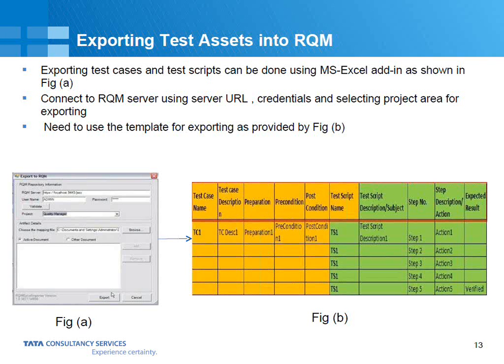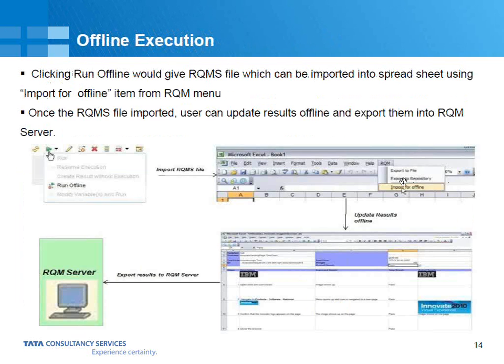RQM provides a utility, basically an MS Office plugin, and this plugin can be installed on top of MS Excel and also MS Word. This is a sample menu. There is an RQM menu here once you install the plugin.